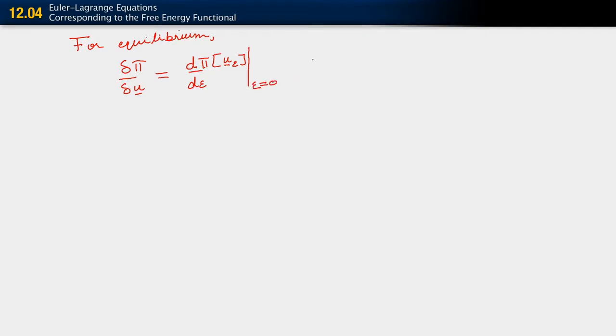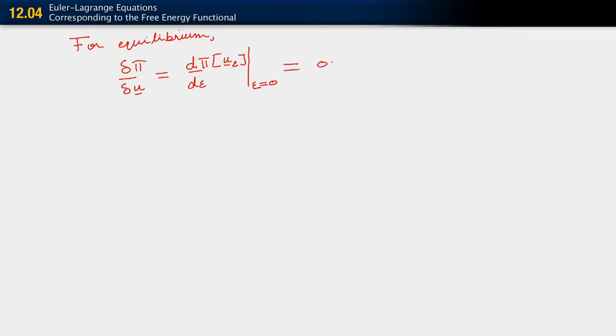Okay, so all of this right-hand side is the variational derivative. But we want equilibrium, right? So we want to extremize this derivative. So we say that this derivative has to vanish.